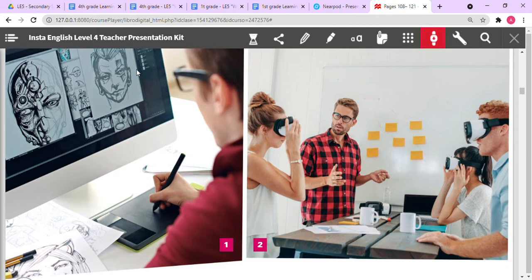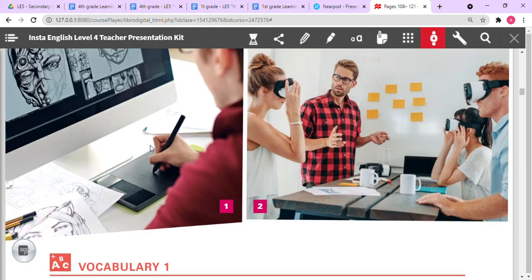There is a person designing a character. And what about picture number 2? There are 4 people, 2 boys and 2 girls, and one of them is talking. Okay, it's an example.